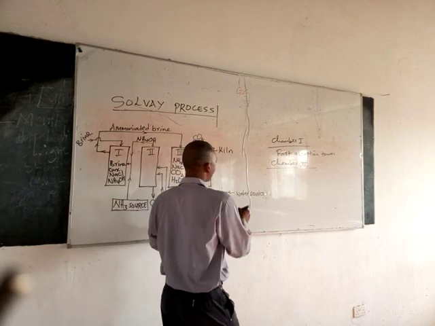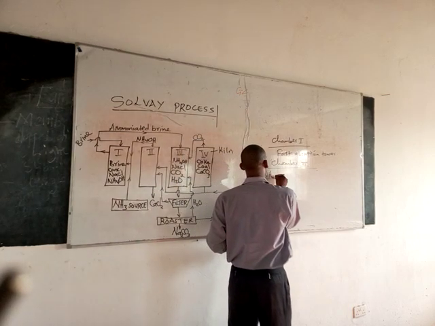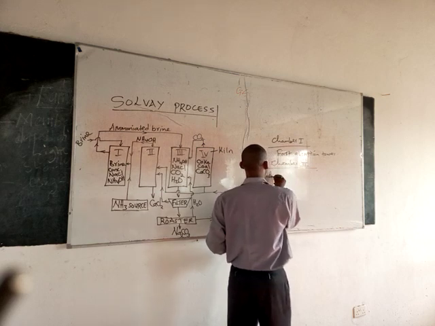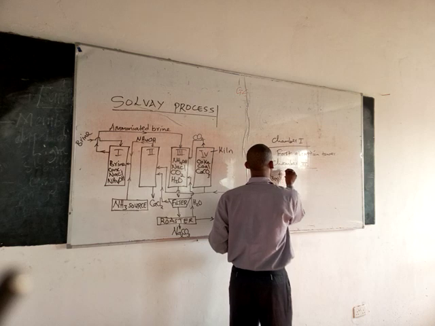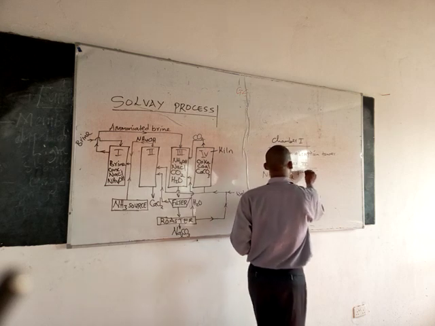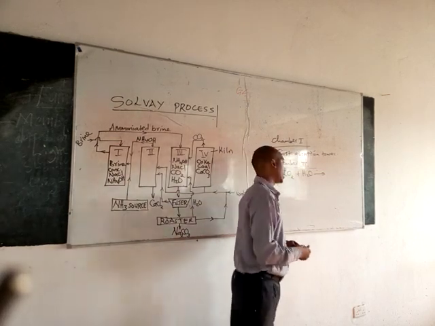And the first step is the reaction between ammonia, let's write it in gaseous form, ammonia, carbon dioxide, and water. Let's assume it has not yet dissolved, it's still in gaseous form.